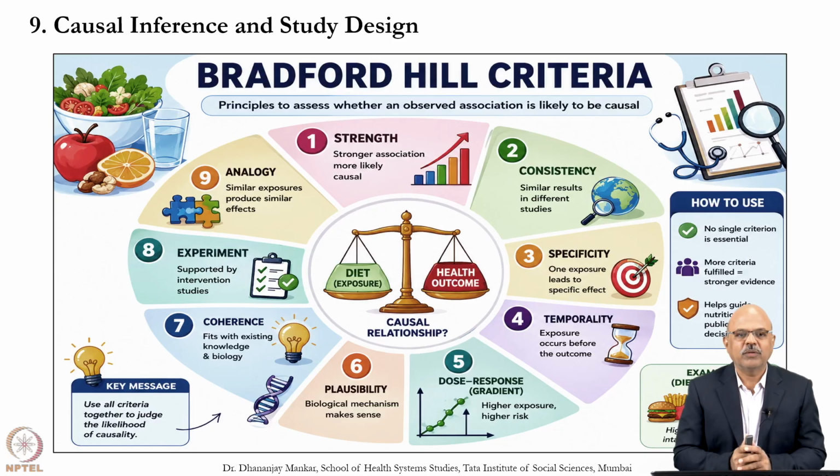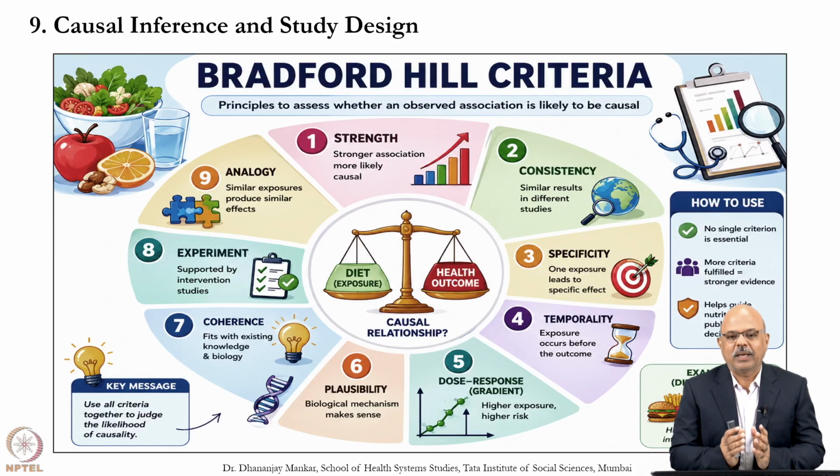Then comes the Bradford Hill criteria. You have criteria with nine associations: strength, where a stronger association is more likely causal, consistency, specificity, temporality, dose response, plausibility, coherence, experiment and analogy.